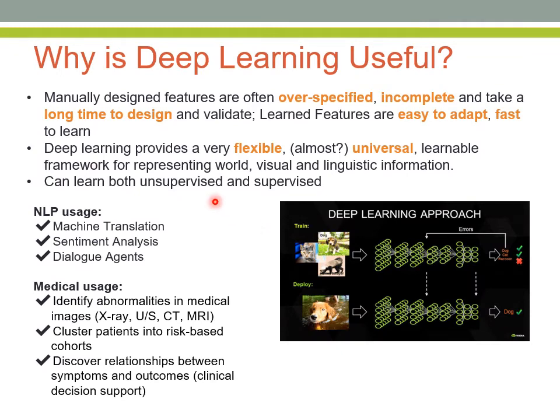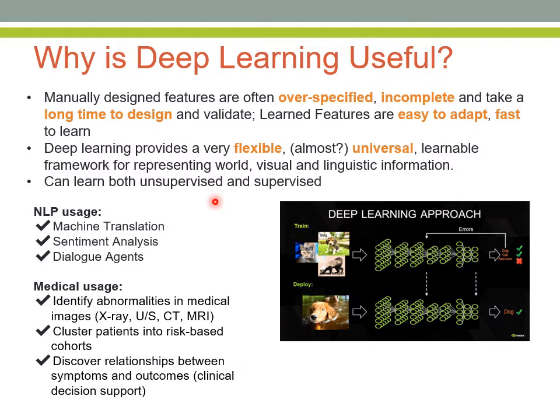So why is deep learning useful? It's useful because deep learning really can learn its own features. So in natural language processing, we can use it for machine translation, we can use it for sentiment analysis, we can use it for dialogue agents that will communicate with a user in an almost human fashion.